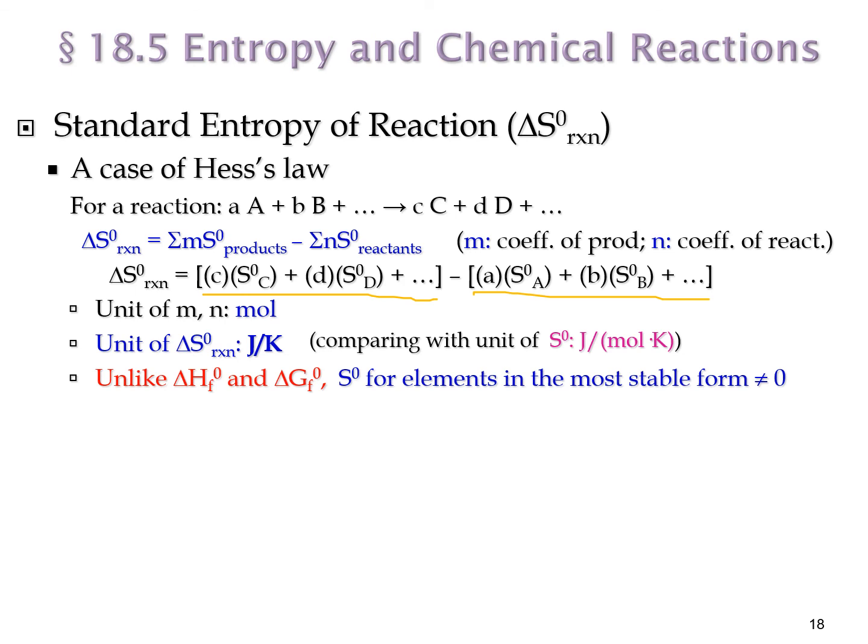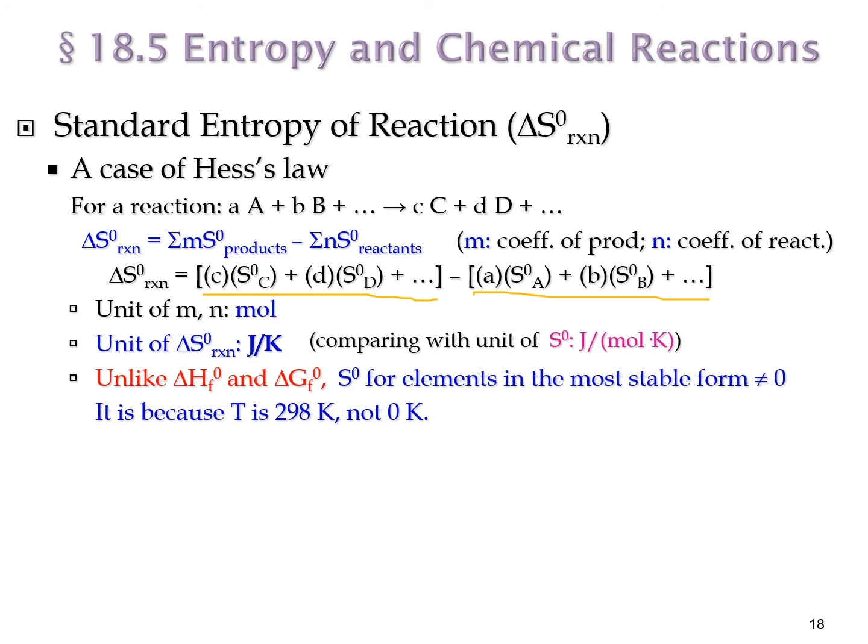Unlike delta Hf0 and delta Gf0, the one that we're going to talk about later, S0 for an element in a stable form is no longer zero. Why? Because of the third law of thermodynamics. When we have standard state, the temperature is not 0 K. It's 0 degrees Celsius.